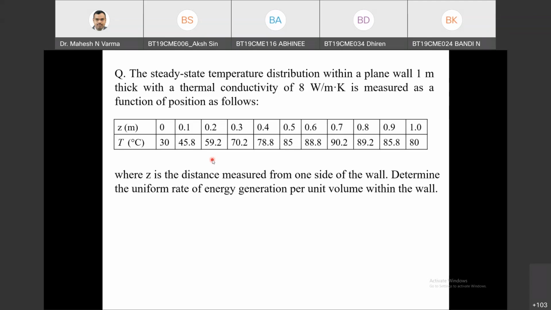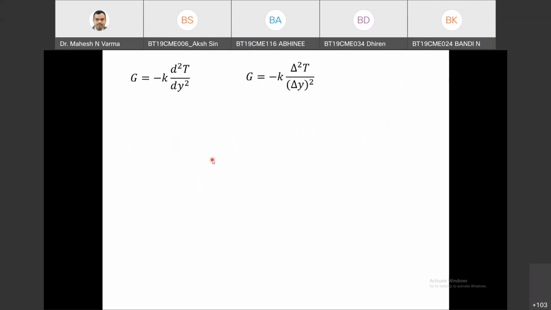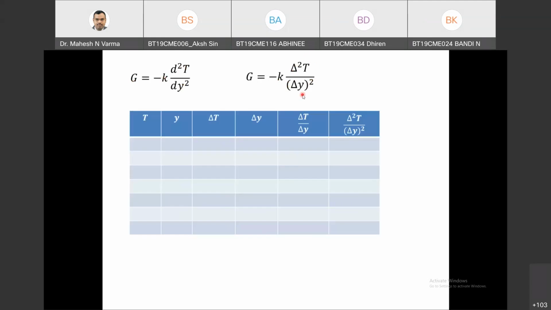So that is intermediate. What I am telling is an easier way. So this is minus k d2T by dy square, which equals minus k delta 2T by delta y square. How to get this value discretely? So this is T, this is y. You get the value of delta T, you get the value of delta y, and this is delta T by delta y.